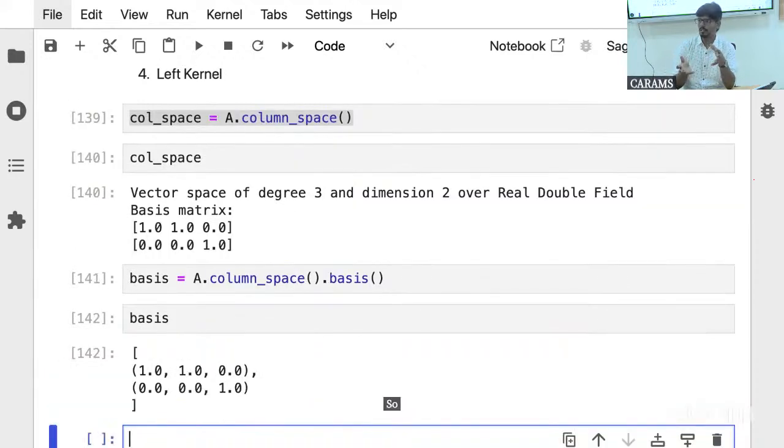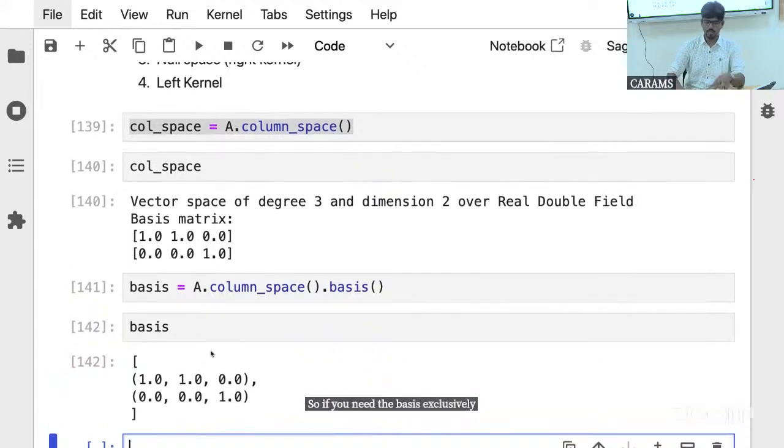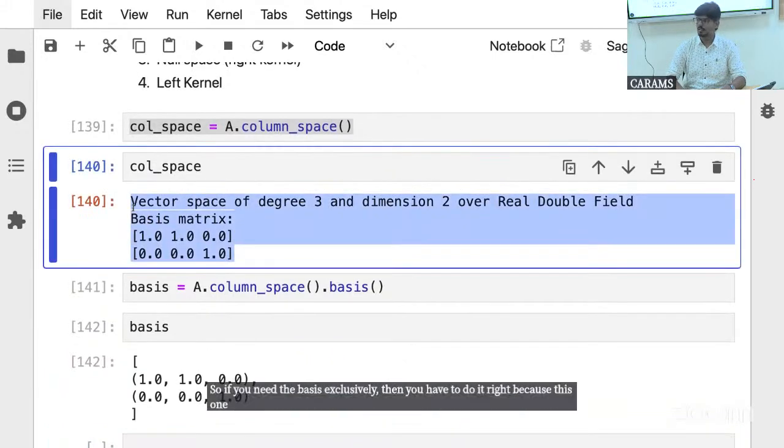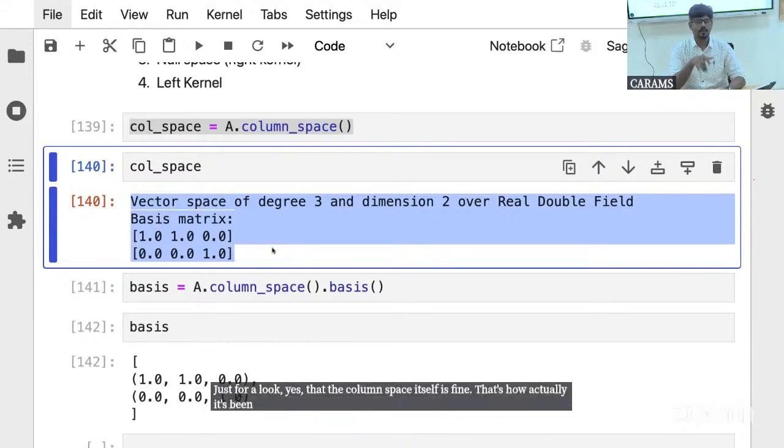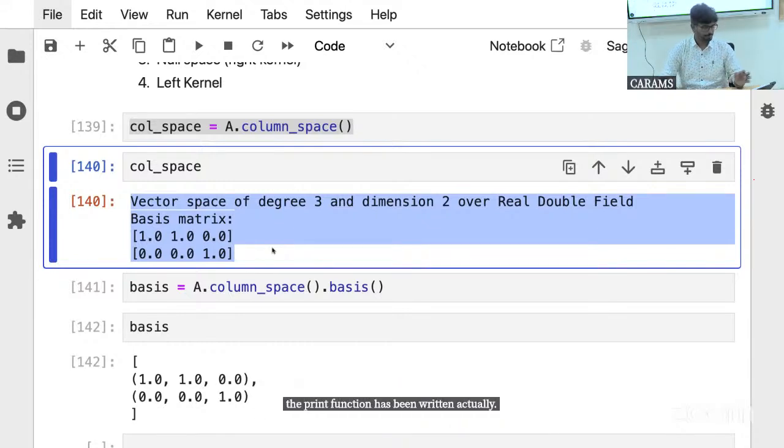So if you need the basis exclusively, then you have to do it this way, because the plain column space output doesn't make sense to extract from, with so many letters and words. Extracting the basis this way is the best way of doing it. Just for a look, the column space itself is fine; that's how the print function has been written.